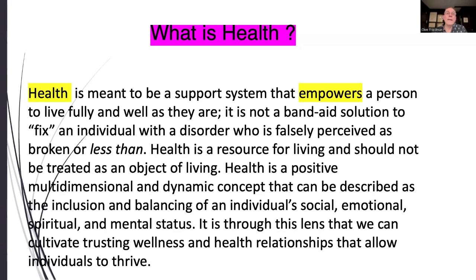For me, the definition of health is a support system that empowers a person to live fully and well as they are. It's not a Band-Aid solution to try and fix a person. And with FOP, if we want to fix them, we are way out of luck because there's really no fixing individuals. And so supporting them in what they are and how they are becomes very, very important as practitioners.